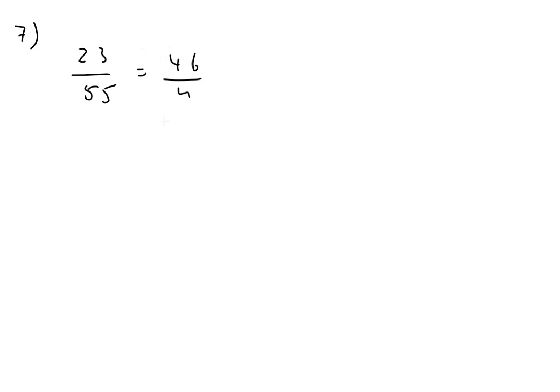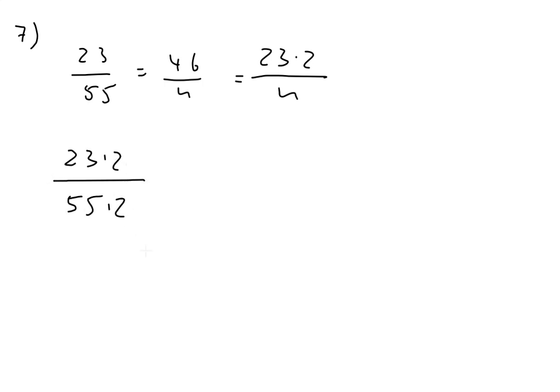They should be the same, and I can say 46 is 23 times 2 divided by n. So to have here 23 times 2, we have to multiply it with 2. And not to change anything, we also should multiply the denominator.